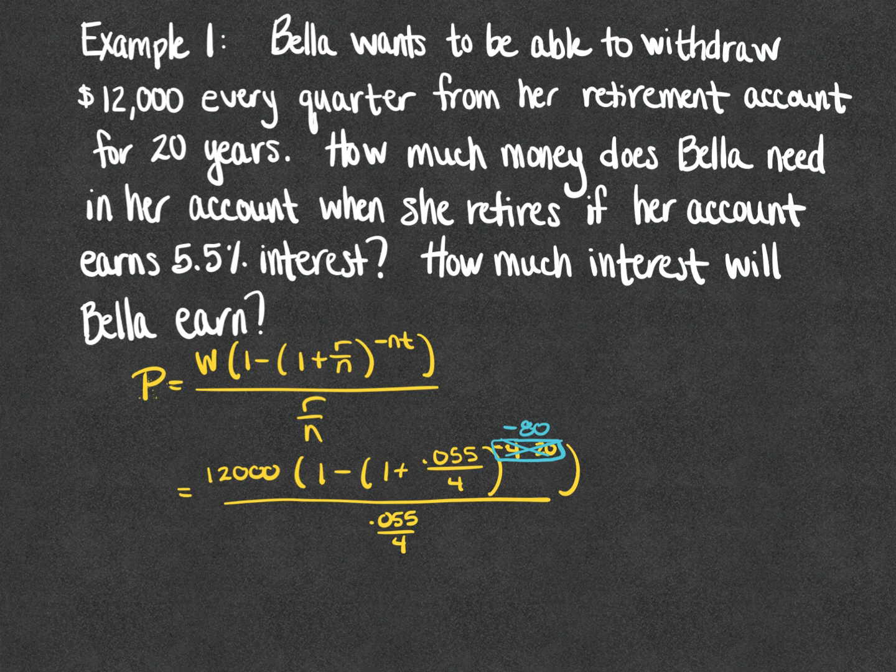And I'm going to use Desmos.com in order to do this calculation. When you put all of that in there, all the parentheses in place, the exponent in place, etc., you will find out that the total amount she needs to have in this account is $580,036.41.